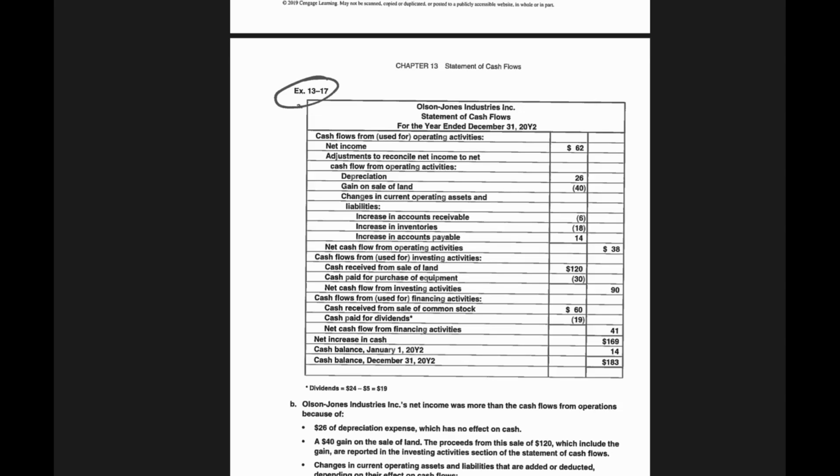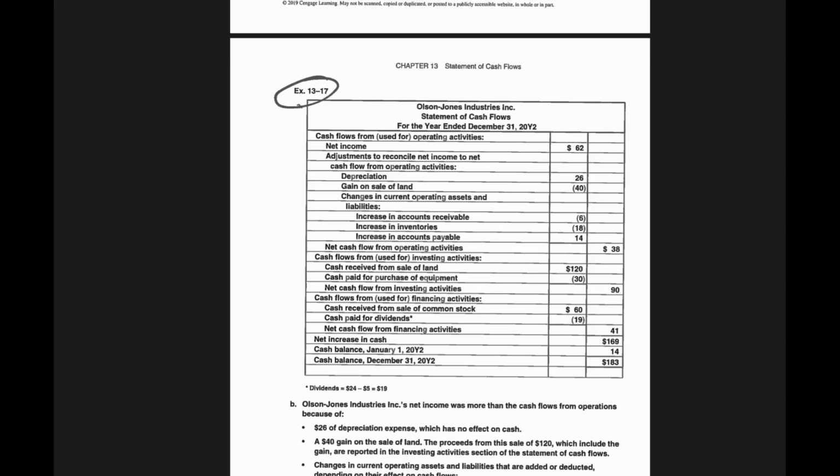You need to put in a third column and calculate the change in all of those accounts. So you would calculate those changes, look at the cheat sheet, figure out is it an add or a subtraction, and then we could look at this additional information.